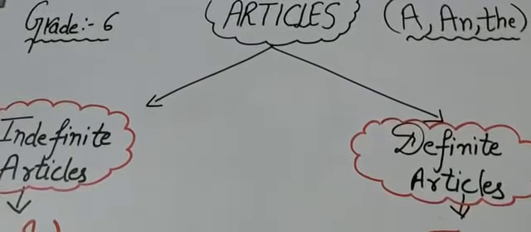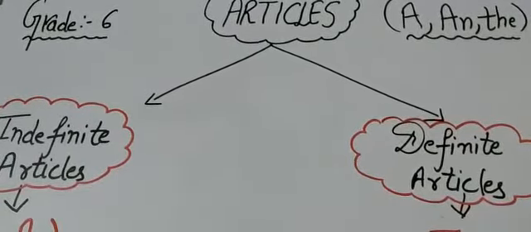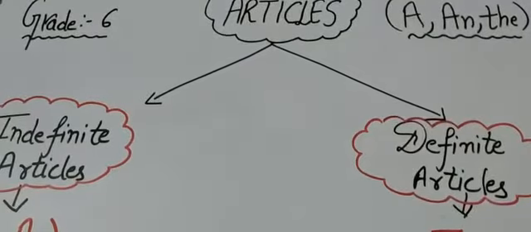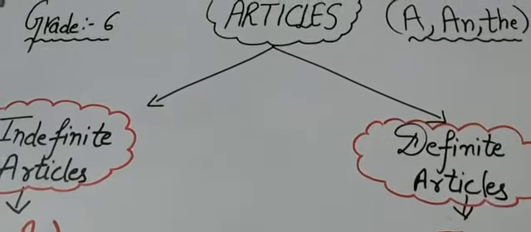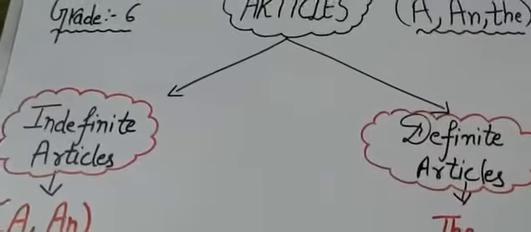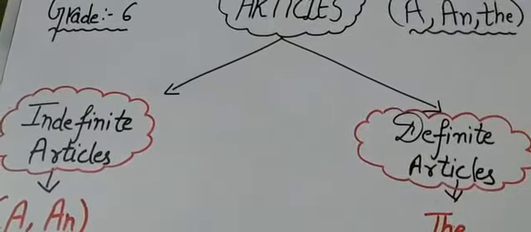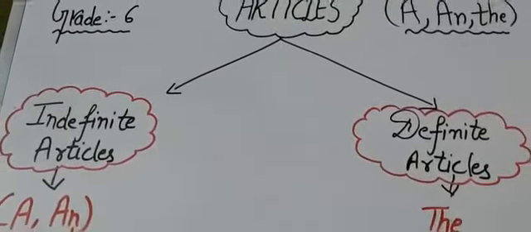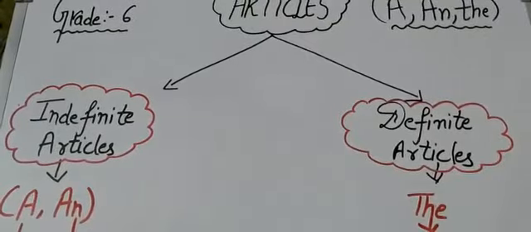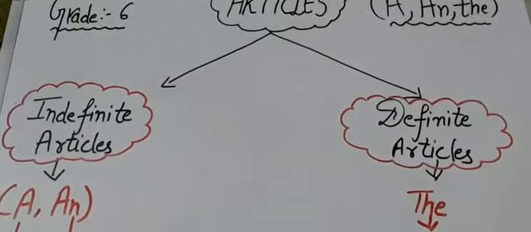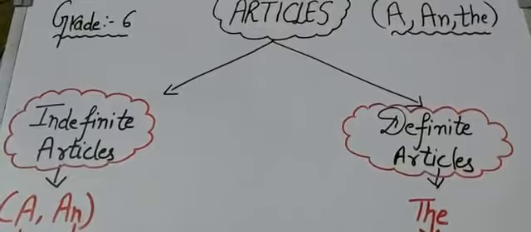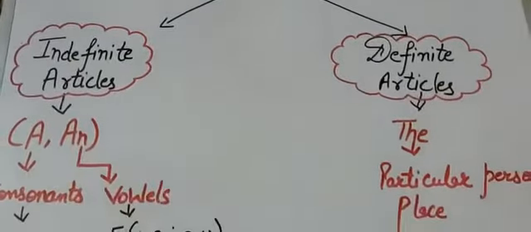There are three types of articles, that is a, an and the. Further, these articles have been categorized into two forms, that is indefinite and definite articles. A and an come under indefinite articles. The comes under definite articles.